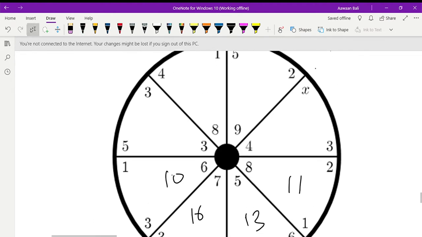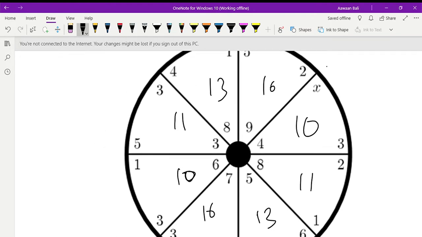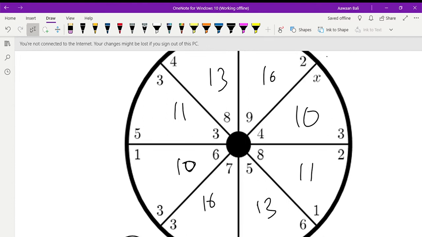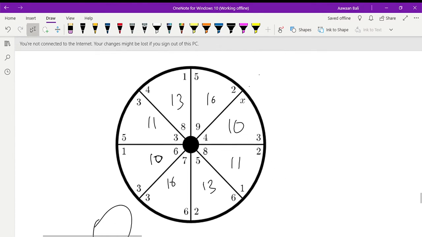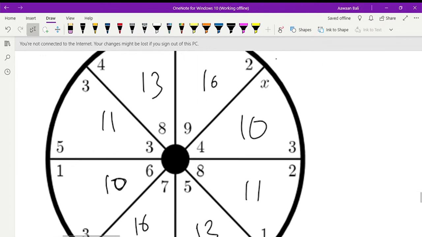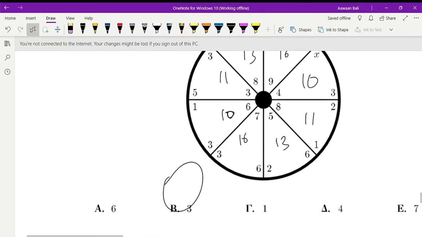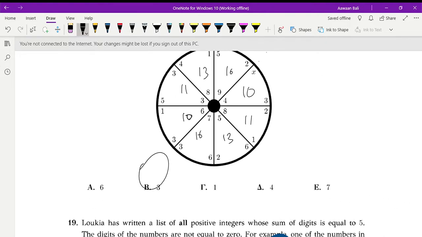But if you do the other side, now you will realize that the diagonal pizza pieces have the same equal sum. So that means it's the same here for 4, 3, and x. Since 4 plus 3 is 7, we can say that x is 3 and the answer is B.